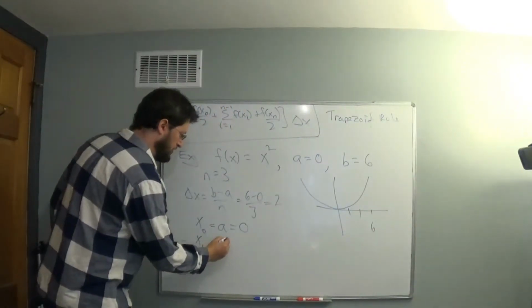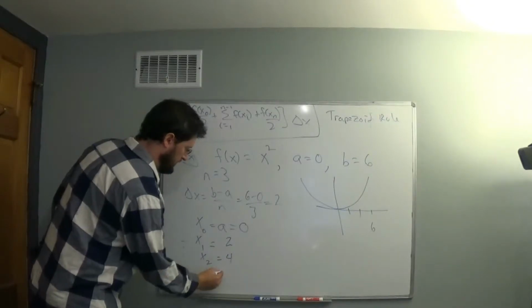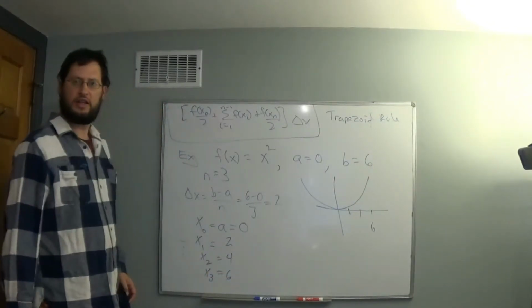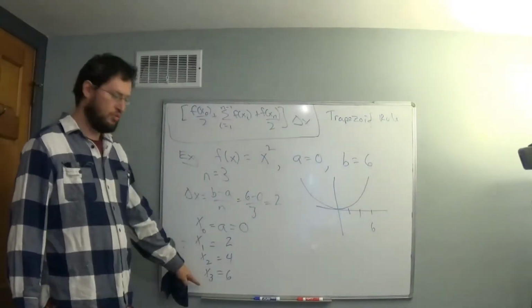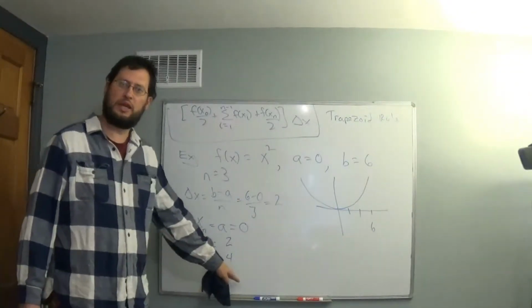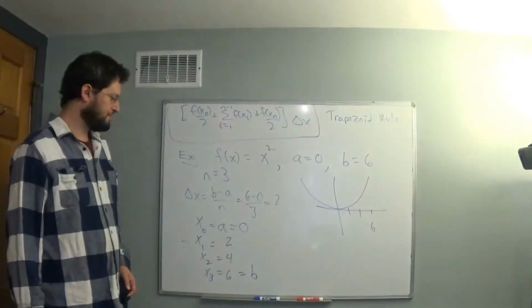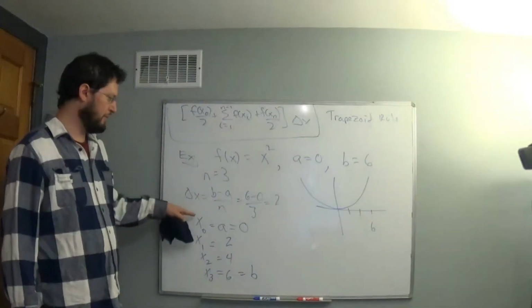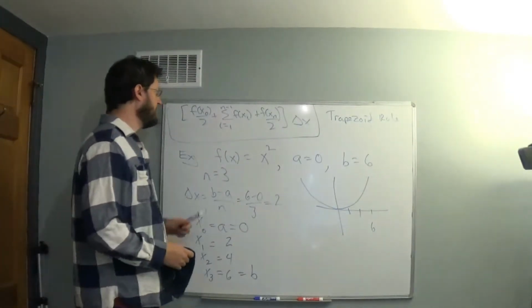So x1 will be 2, x2 is 4, x3 is 6, and that's it. That's xn. We have n equal to 3, so by the time we get to x3 we should get to the b value, which we do.